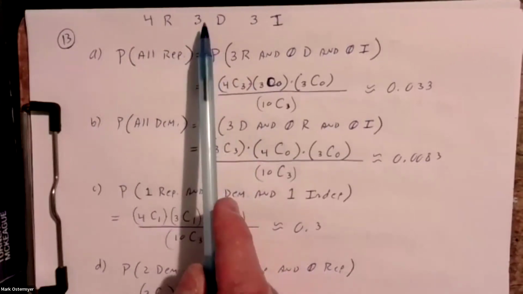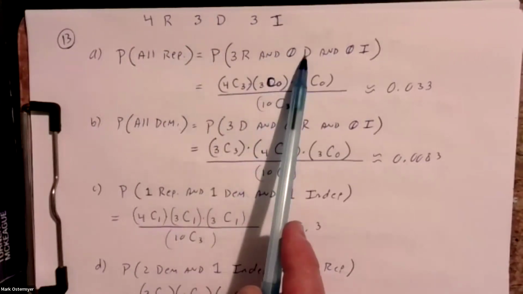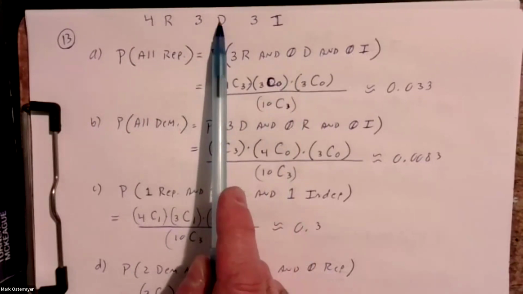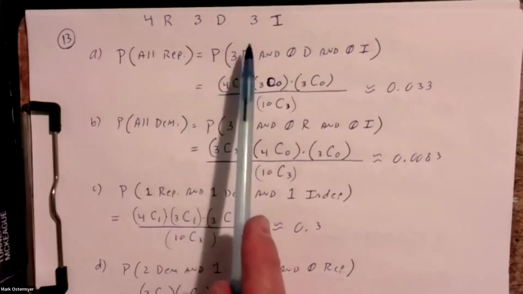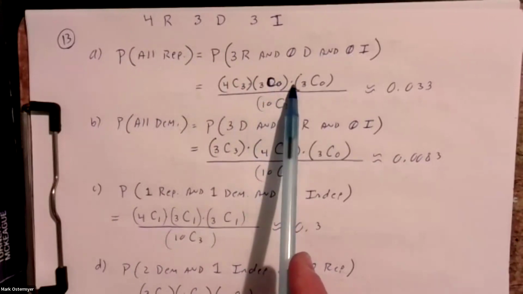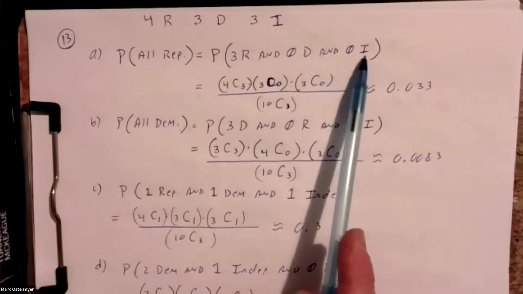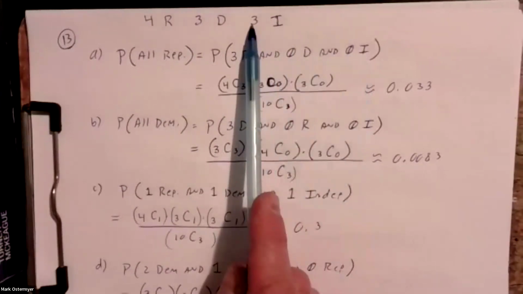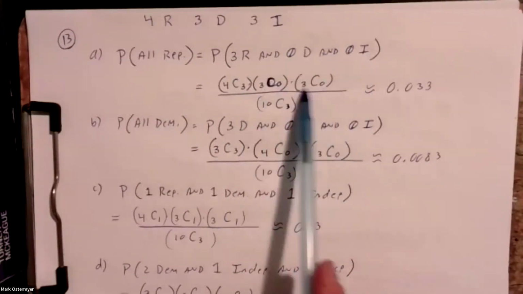Times, how many ways can we select 0 Democrats from 3 available? Order doesn't matter. That's going to be 3 in combination with 0, times how many ways can we select 0 independents from 3 available? Order doesn't matter. 3 in combination with 0 ways.